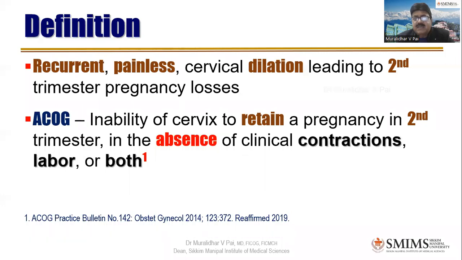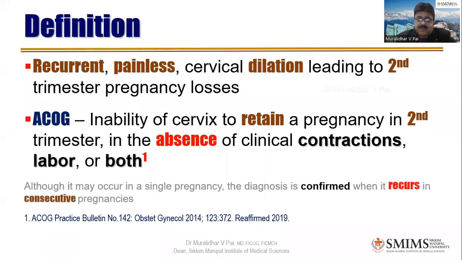This has to be clearly understood before we deal with the case of cervical insufficiency. So it is recurrent, painless, and in the absence of contractions, labor, or both.